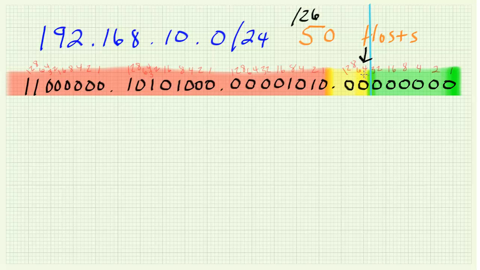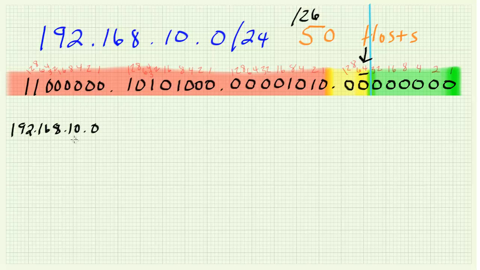And we learned about this idea of a subnet increment, which is the bit weight value of the least significant subnet bit. And that's the rightmost subnet bit, which in this case is this one right here that has a bit weight of 64. And that tells us that our subnets are going to increment in decimal by a value of 64.